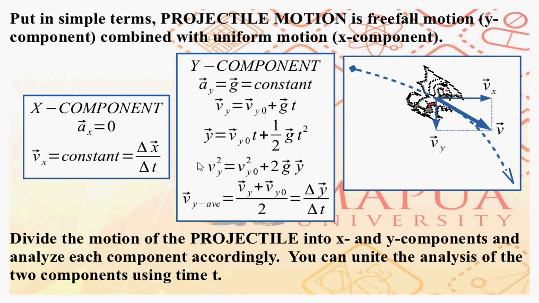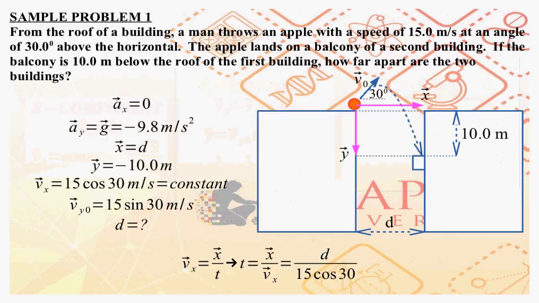For instance, consider the following examples. Let's have sample problem 1. You have two buildings, building 1, building 2. From the roof of one building, a man throws an apple with a speed of 15 meters per second at an angle of 30 degrees above the horizontal.